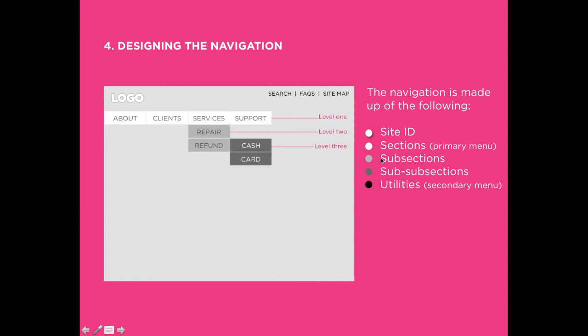The subsections, in light gray. The subsections in dark gray. And the utilities, which is a secondary menu: search, fax, sitemap, and so forth. The utilities are links to important areas of the site that are not part of the hierarchy.